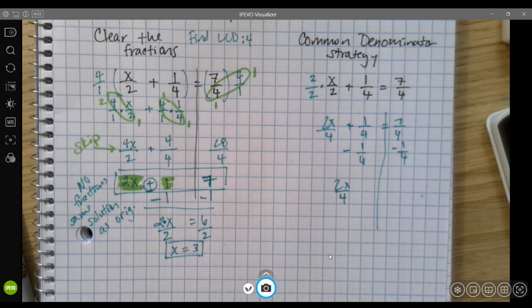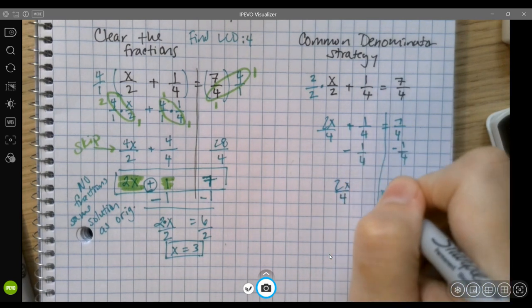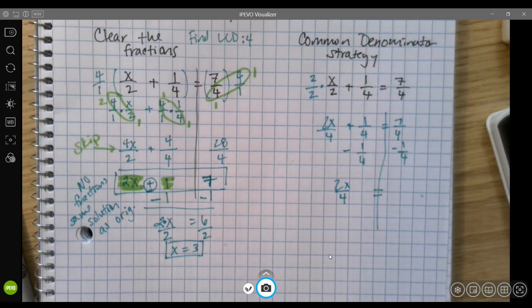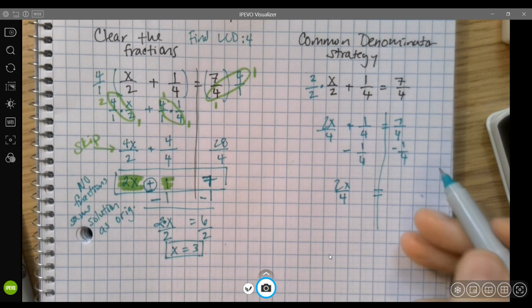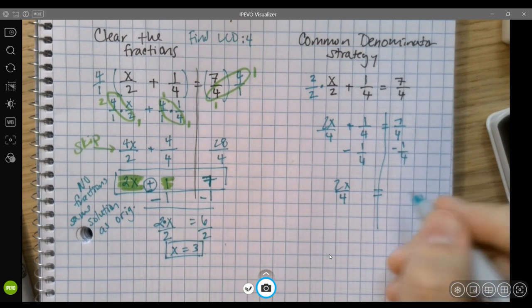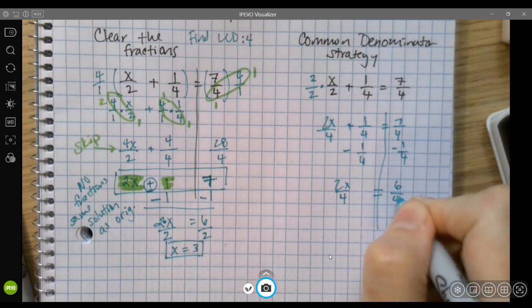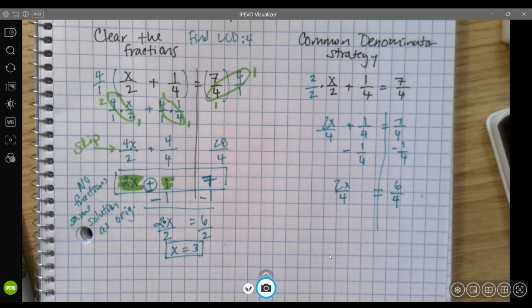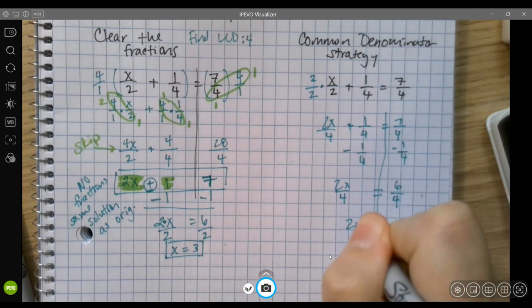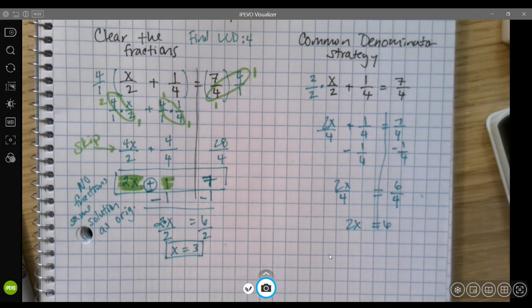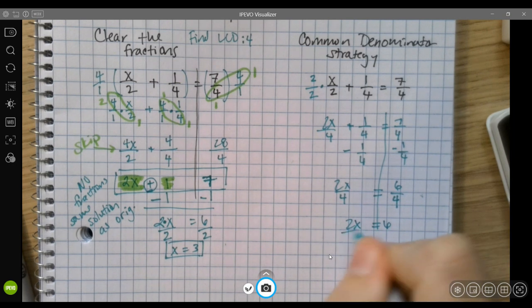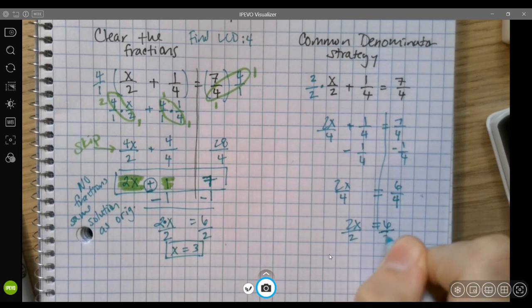And I know I can reduce that, but I'm not going to do that yet because the common denominator for my equation is fourths. 7/4 minus 1/4 is 6/4. From here, 2x divided by 4 equals 6 divided by 4. That means that 2x has to equal 6. Divide both sides by 2. X equals 3.